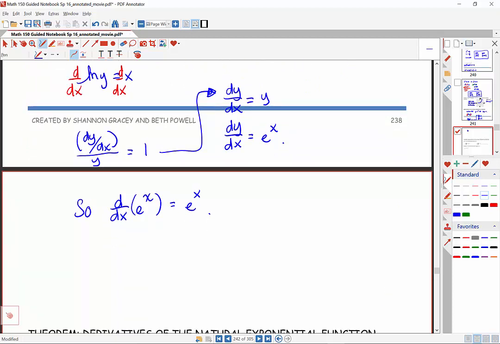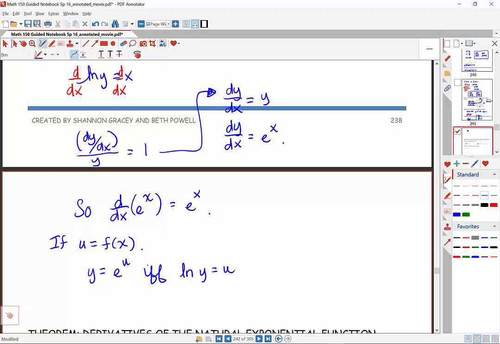Okay, so now let's look at it. If you have u as some function of x, let's do it the same way. If you have y is equal to e to the u, that's true if and only if natural log of y equals u.